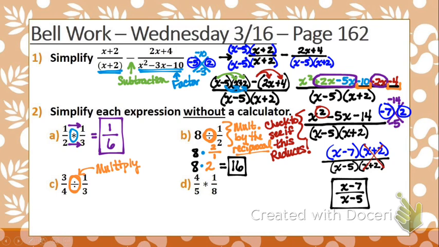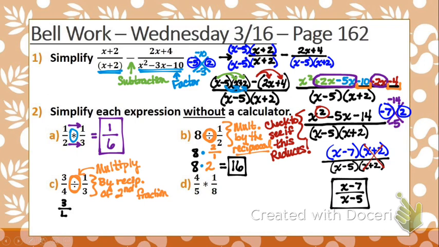They don't both flip. The second one. Only the second one. Multiply by the reciprocal of the second fraction. Only the one that comes after the division sign. The first thing you just copy and bring down.